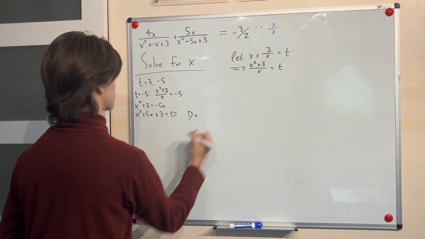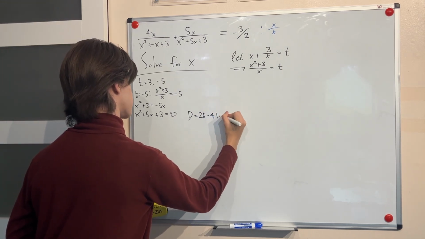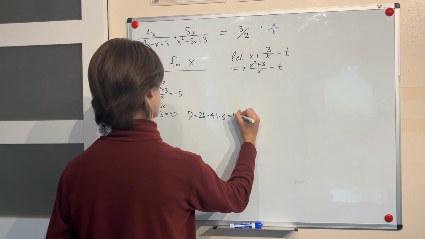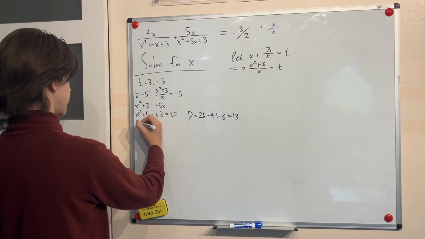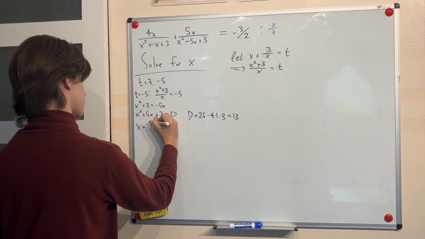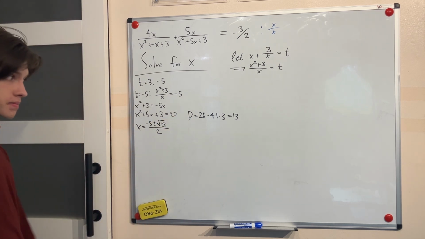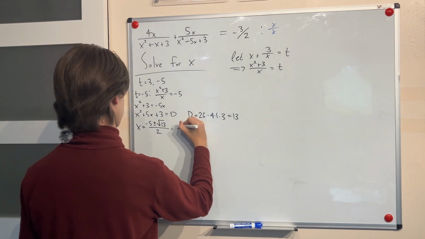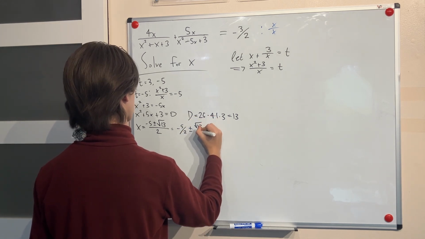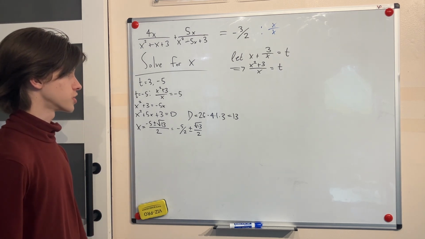The discriminant is b squared minus 4ac, which is 25 minus 12, which is 13. So the x values will be minus b, plus or minus the root of the discriminant, over 2a, and that will be minus 5 halves plus or minus half of root 13. And those will be two of our solutions.